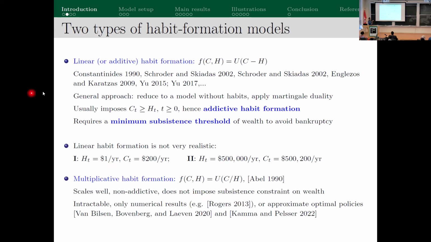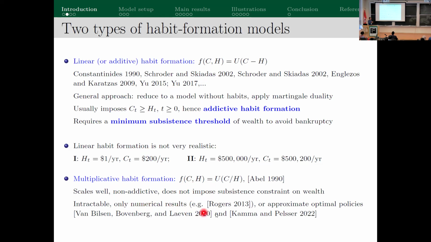And this is not a new criticism. At the same time as this linear habit formation model started to work, there was multiplicative habit formation also. Instead of C minus H, you do C divided by H, which scales well with habit. But unfortunately, the trick here doesn't work, right? So you don't have convex duality.